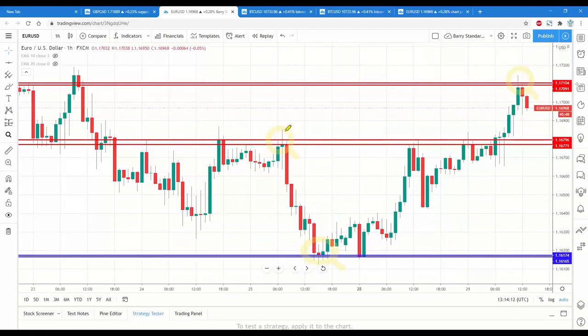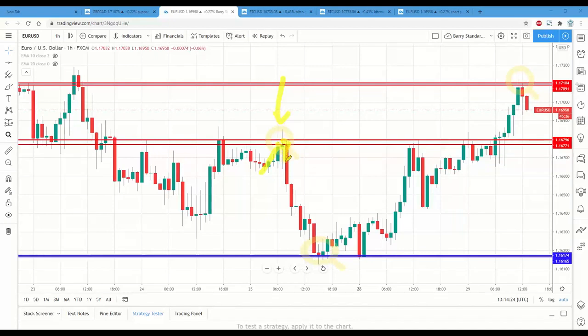I've circled for you on here, we had a couple candles moving up, we reached a support and resistance zone, and we got an indecision candle. We had indecision candles all over the place, but the only time they are important to us is when they form on a support and resistance zone.